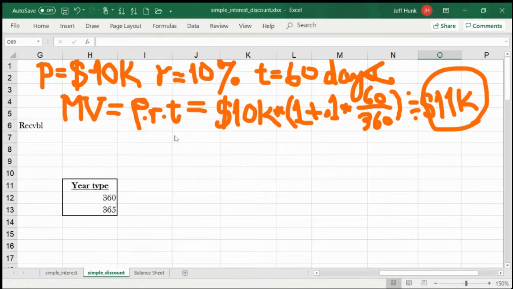So think about it. When you are lending, this seller has passively become a lender. When you are lending money, what is your biggest concern? Your biggest concern is whether you'll get your money back, right?